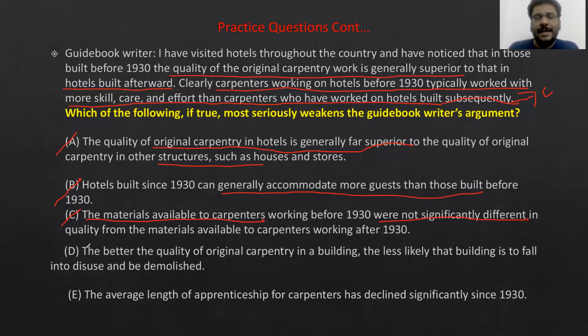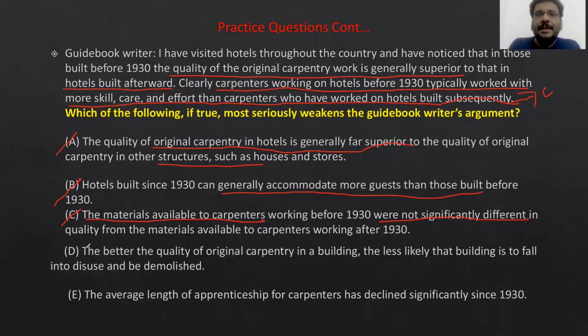It says that if the quality of original carpentry is better, right, those structures will not be demolished or will not go for disuse. Now, what does it say? It says that if you have a hotel with good carpentry, it would not go for disuse or it will not be demolished.